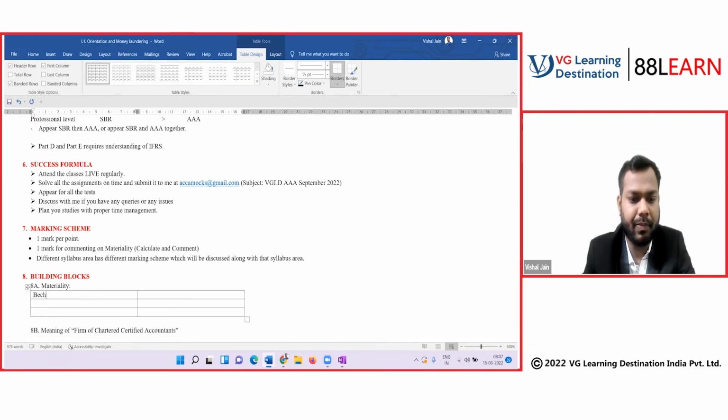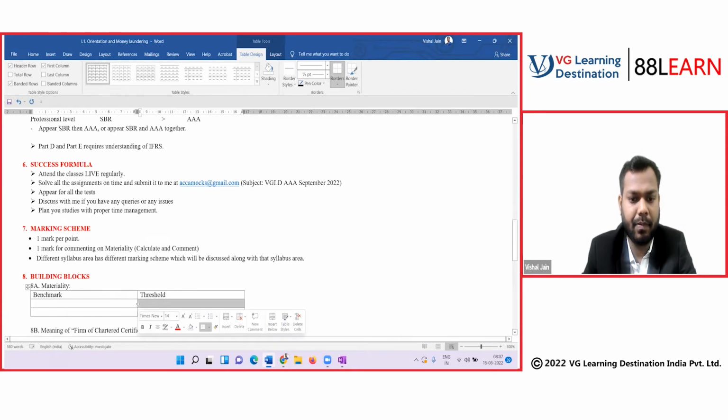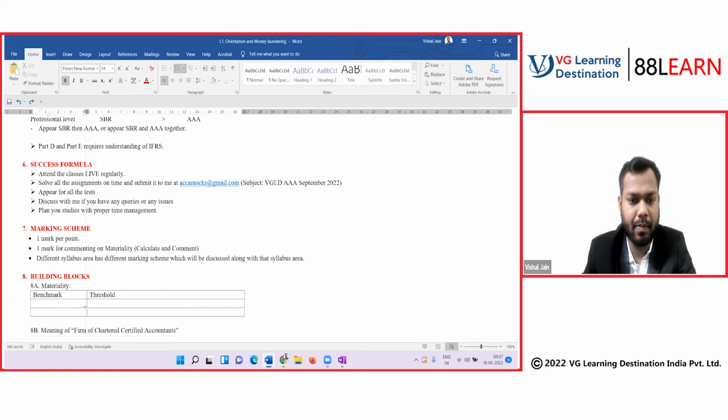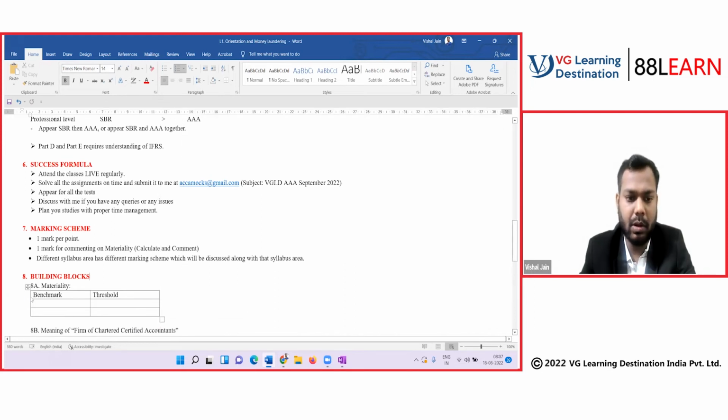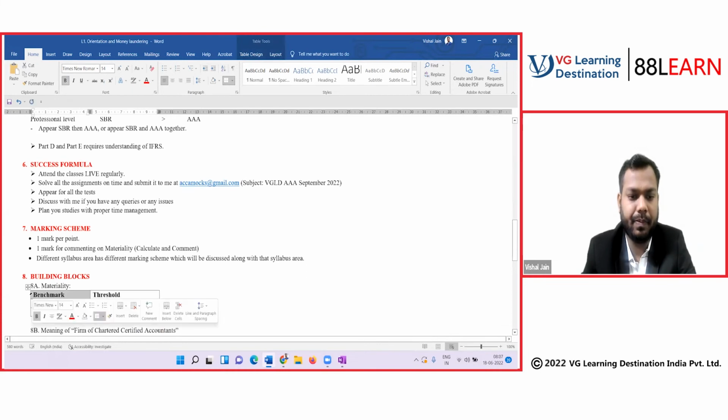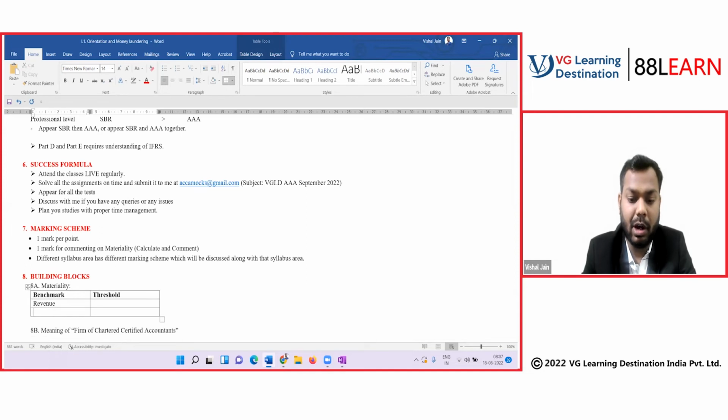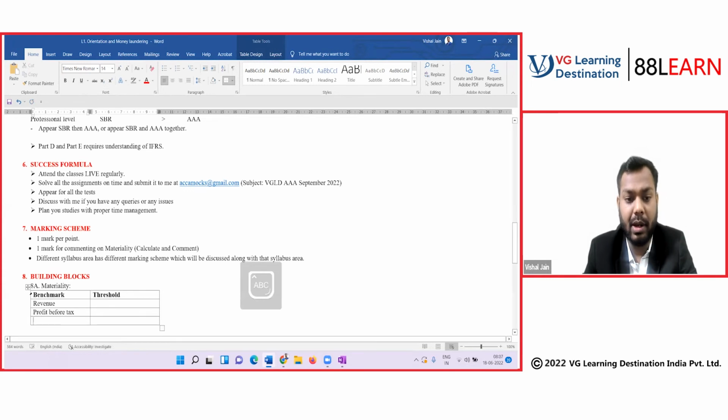Benchmark. Threshold. The benchmark is revenue. The benchmark is profit before tax, and the benchmark is again total assets.